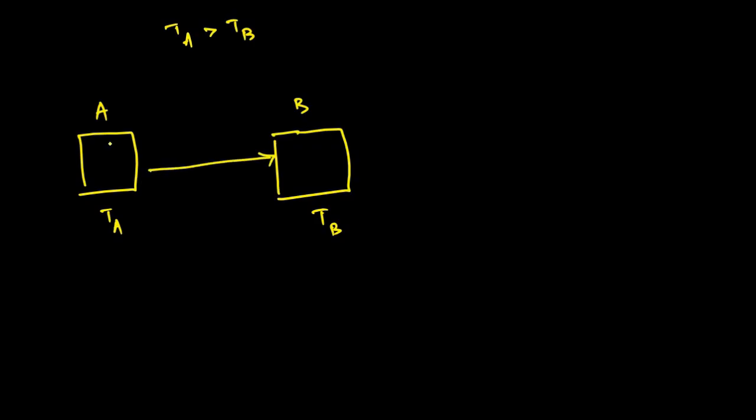When heat flows out of body A, it is losing heat, so obviously its temperature will decrease. And when heat is flowing into body B, its temperature will increase. How long will this increase and decrease go on? Till the temperatures of bodies A and B become equal.